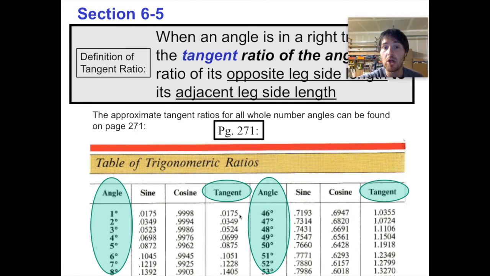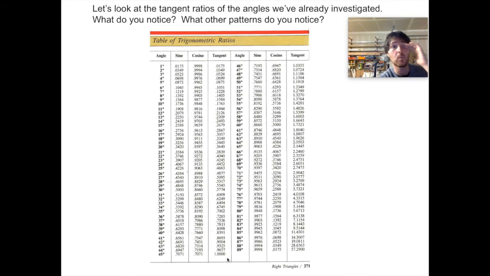So it's much, much smaller, right? This tells us the ratio of opposite to adjacent. Here, with a 6-degree angle, the opposite side is about 10% the length of the adjacent side, because the tangent of 6 degrees is approximately 0.1, 0.1051, okay?